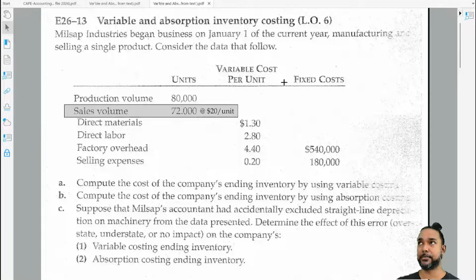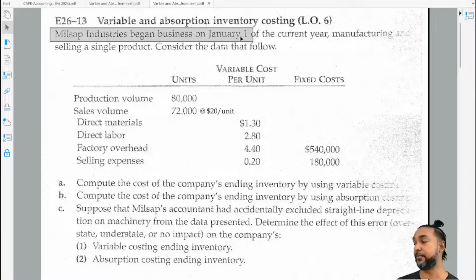And then in your cost of goods sold section, cost of sales section, well, we have no opening inventory because they said Milsap began business on Jan 1st. If you began business, that implies you have no opening inventory of finished goods, especially since you are manufacturing, right? You probably have no opening inventory of anything. You might have, it's not impossible, but they didn't tell us that. But definitely no opening inventory of finished goods, right?